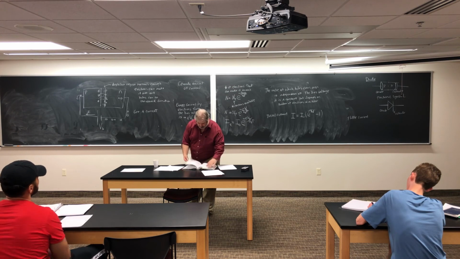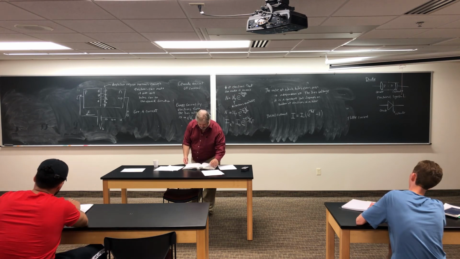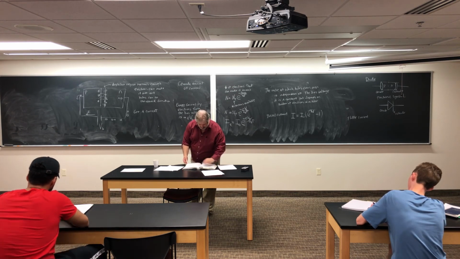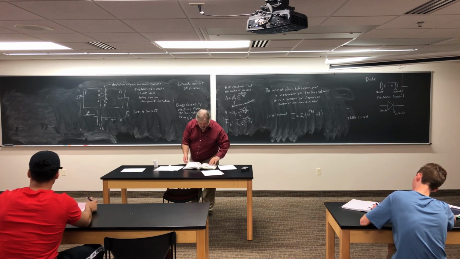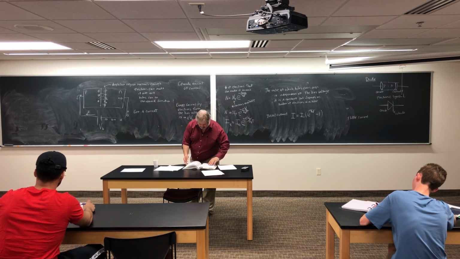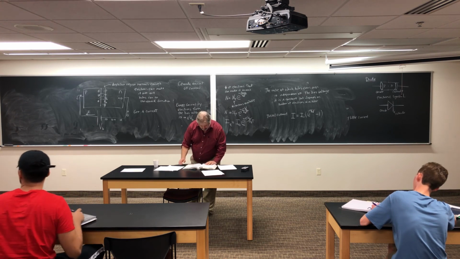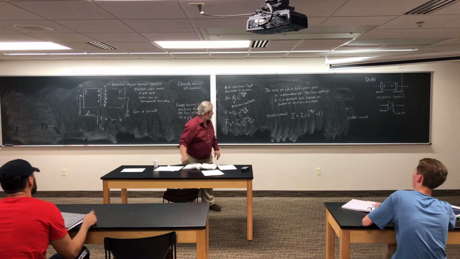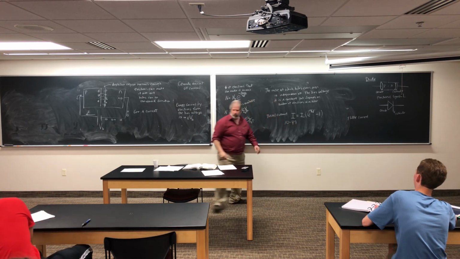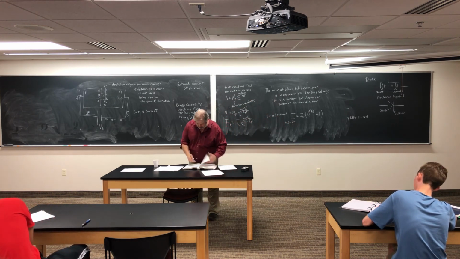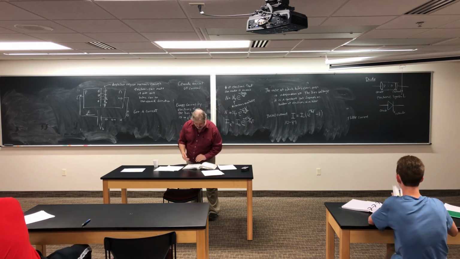So we'll talk a little more about this diode next time. And we have a relationship between the current and this bias voltage. That's equation 10.49 in your book. So you guys read 10.8 if you haven't read it.